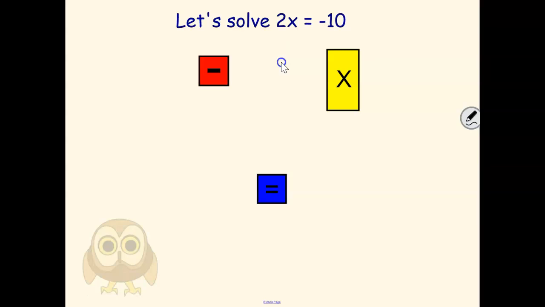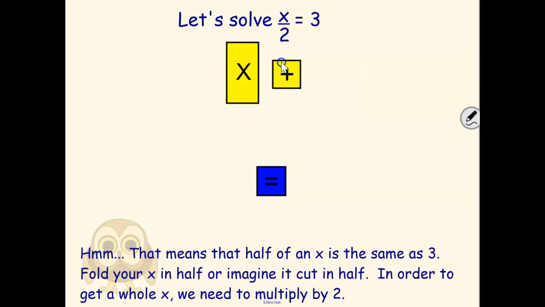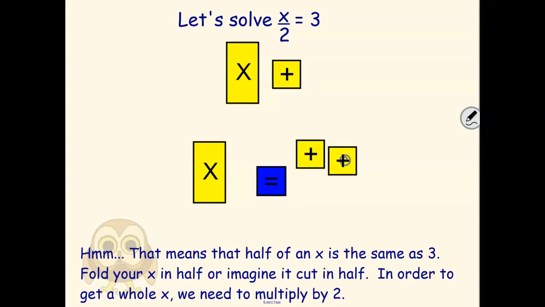Okay, I'm going to fast forward a little bit. What about when we divide x? So if I have x divided by 2 equals 3, I want half of an x. So I'm going to just cut my x in half and pretend like half of it doesn't exist. So I have x divided by 2, or half of an x, equals 3.